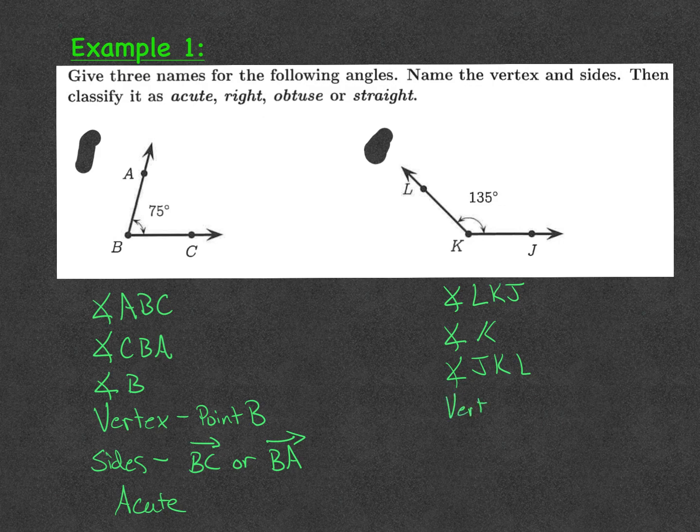Now we need the vertex. Rigoberto, what's the vertex? K. Angle K, point K. And we need the sides. Anaya, what's one of the sides? Ray KJ. Sophie, what's the other one?